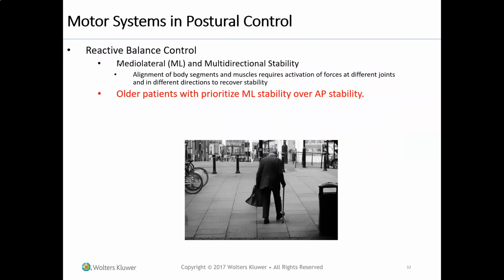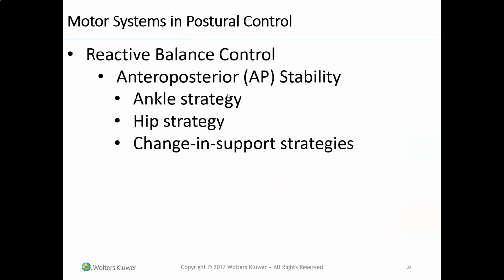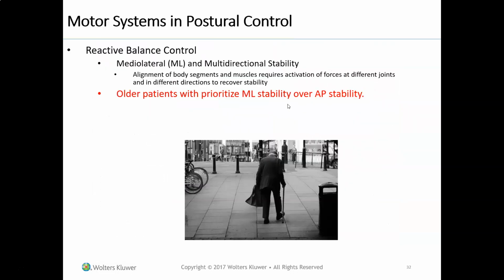Now, that was anterior, posterior, forward and back. Now side to side stability, medial, lateral, and multidirectional stability, alignment of body segments and muscles require activation of forces at different joints and in different directions to recover stability. So now, how do older patients compensate for medial lateral stability? Guess what?